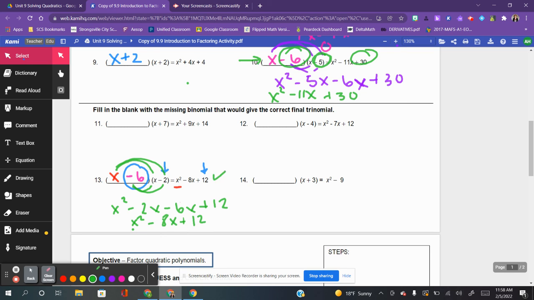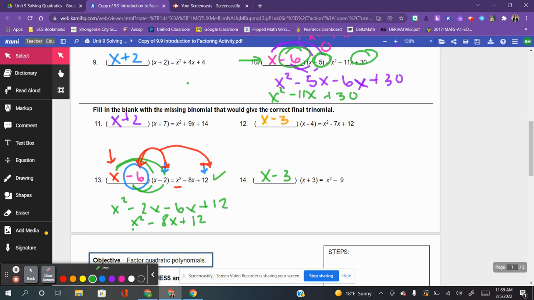And it matches. And so I did a good job. And so again, x times x is x squared. That's an easy way to get that first term. And then the second term is going to be that number times the negative 2 to get that 12. All right, so your job is to finish the remaining 3, and we'll push pause, give you a minute, and then check and see how you do.